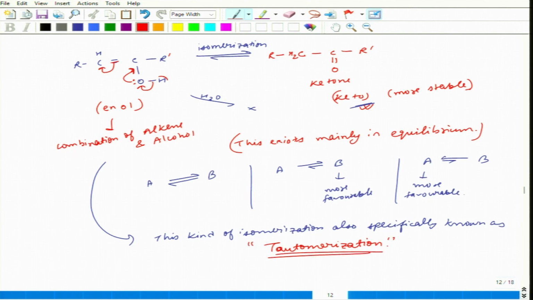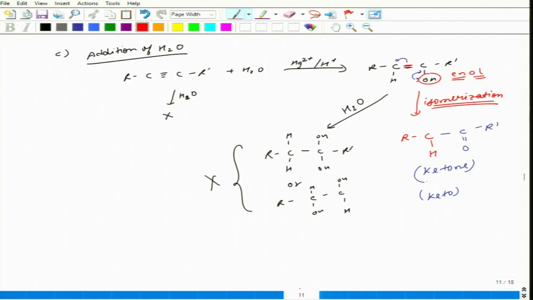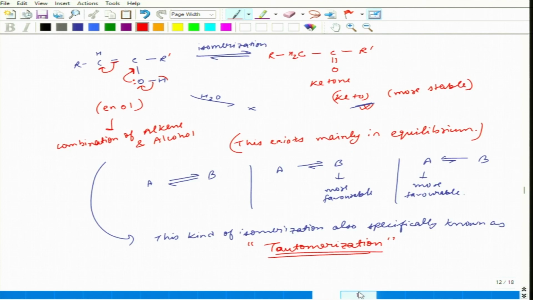So keto-enol tautomerization is happening. This is a special kind of isomerization that is named tautomerization. Now we have discussed a few properties, and a few properties are left that we will discuss in the upcoming lectures. So, thank you.